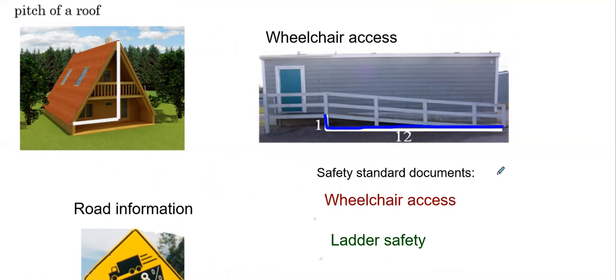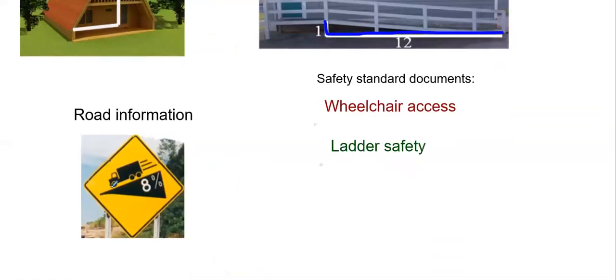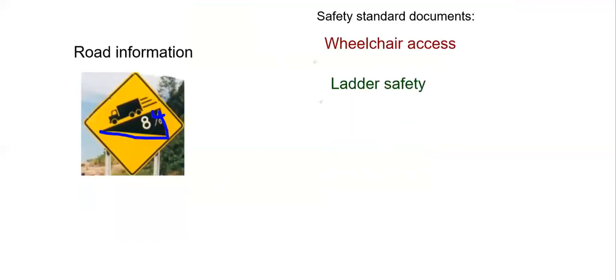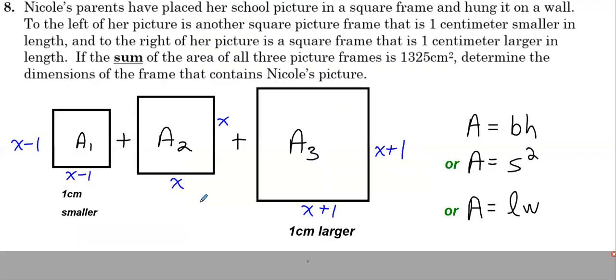Ratios much like ladders for safety reasons. There's also road information. As you can see, it's not a perfect right angle triangle, but the right angle is up in here. Okay, so anything to do with a right angle triangle, you can use the same sort of techniques.